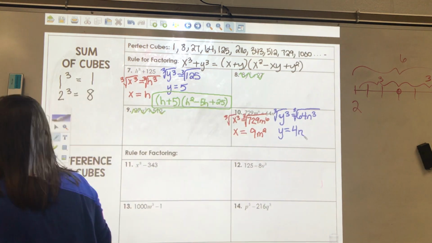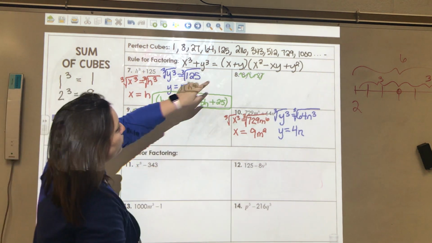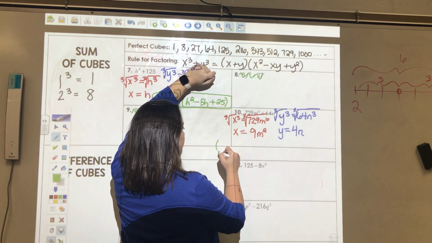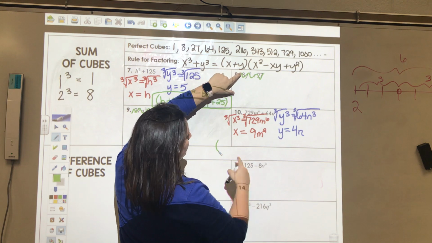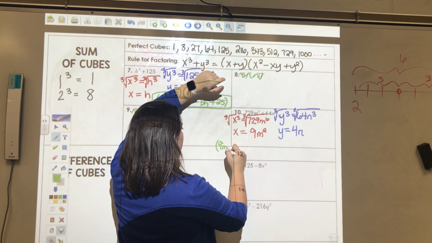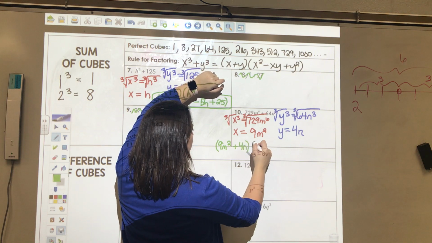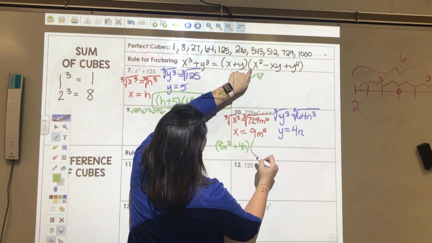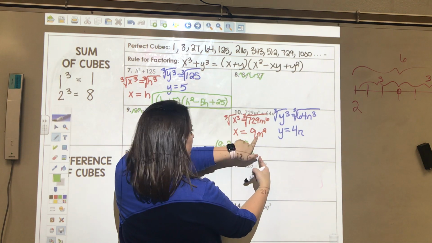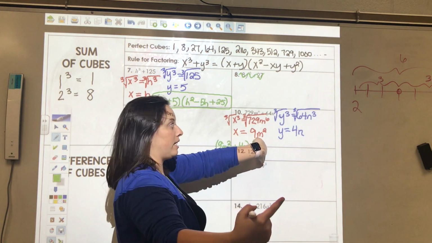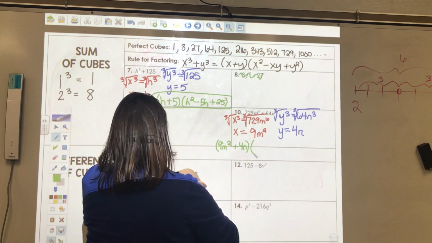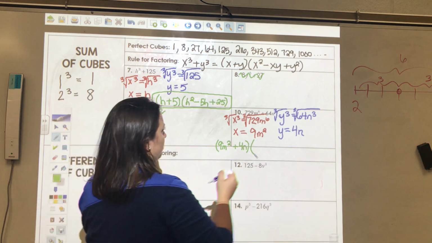Now I need to write my final answer in this form right here. So it's parentheses, x plus y. x is 9m squared plus y, which is 4n. Parentheses, x squared, okay, x, 9m squared raised to the second power. Let me do that right here.